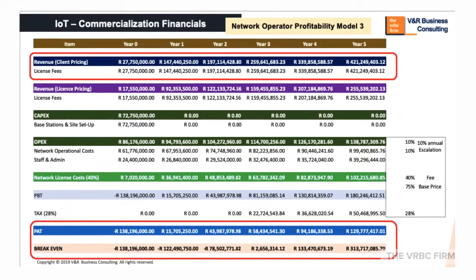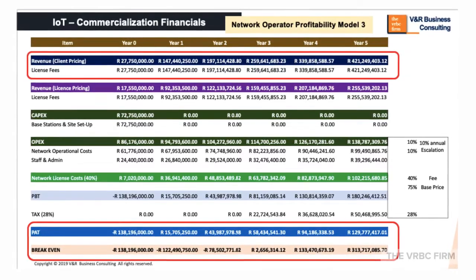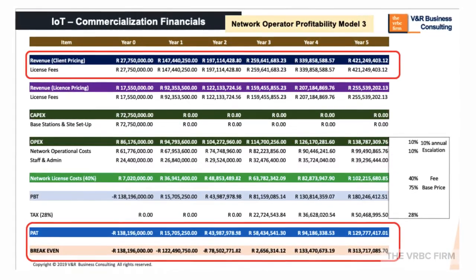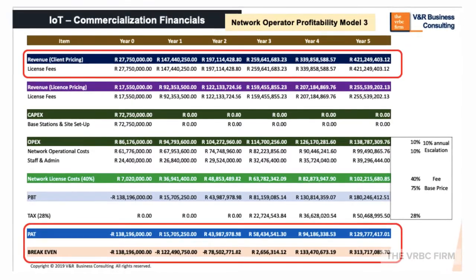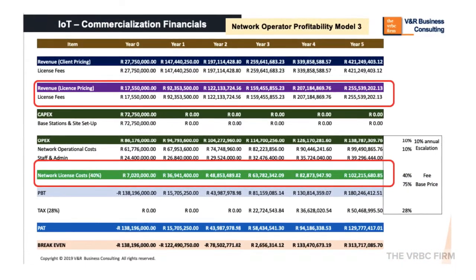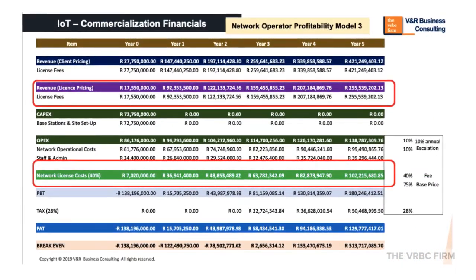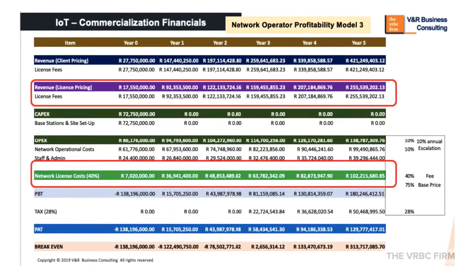So what we've done here is that the profitability is calculated as a factor of revenue estimated on the actual fee charged to the client. Whereas the contractual 40% of revenue paid to the network owner is based on the base fee.